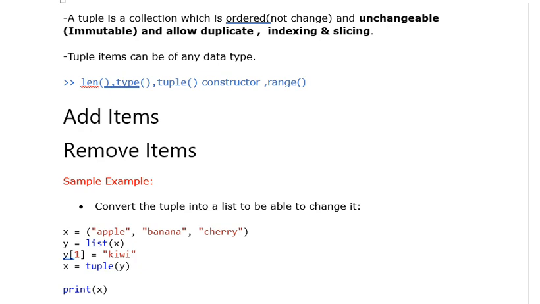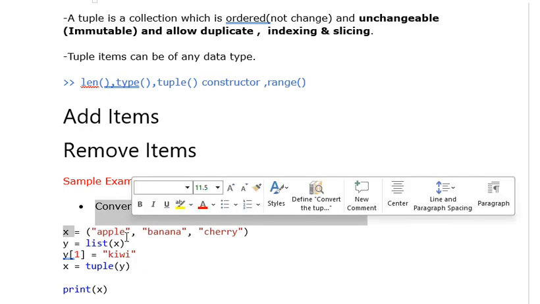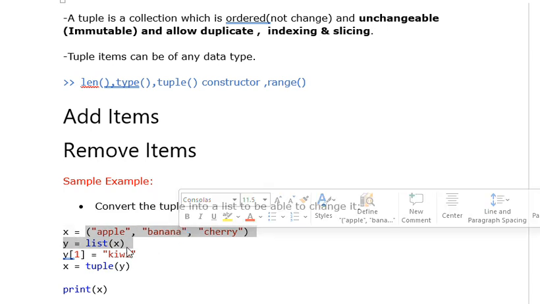But by converting the tuple to a list, we can delete or update the particular item. How? Let's consider this is a tuple representation. How do we know this is a tuple representation? By seeing this parenthesis. Next, we are converting this tuple to the list format, by using list explicitly. So in this list, we are keeping this tuple sequence, and we are storing that in the y variable.